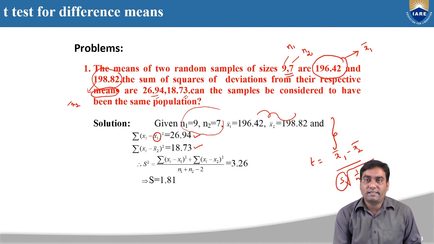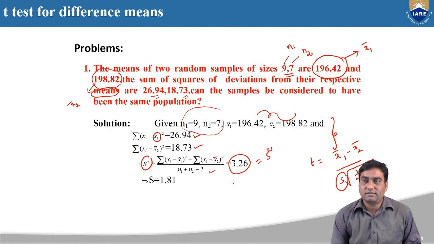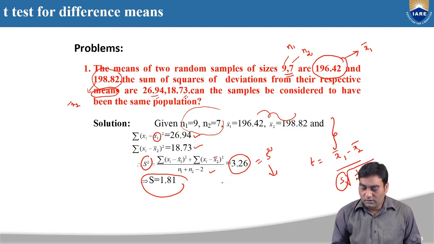We can find the s value by using s square equal to sigma xi minus x1 bar whole square plus sigma xi minus x2 bar whole square, by n1 plus n2 minus 2. If we simplify, we get 3.26, which is s square. From this, we can find the s value by under root of 3.26, which is 1.81.